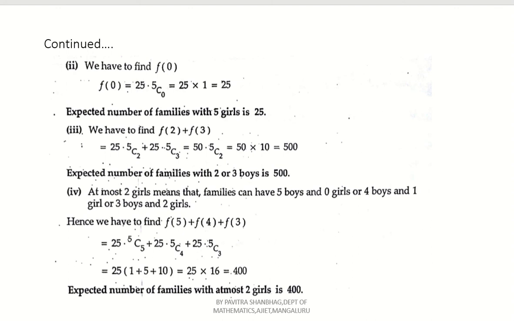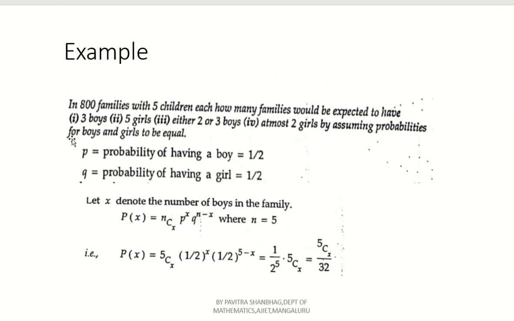Say, the given question, try to understand properly. 5 children, they want 5 girls here, and we have mentioned x represents the number of boys, we have mentioned already. Since x is the number of boys, 5 girls out of 5 children means x equal to 0, because we have mentioned x already as the number of boys.